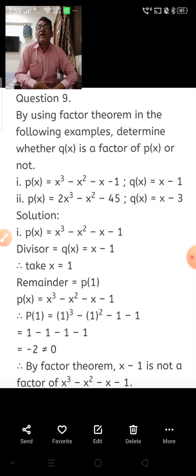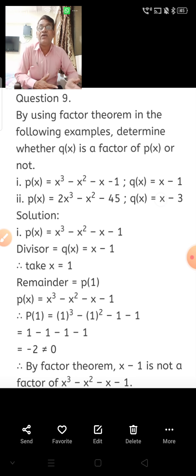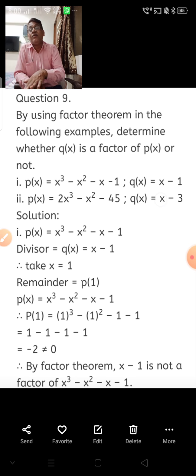The same thing as question number 7 which we already solved. First you have to find the remainder. If the remainder is 0, then it is a factor of the given polynomial. Otherwise it is not a factor of the given polynomial.